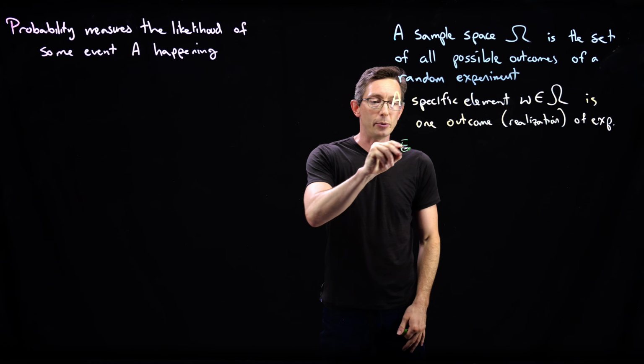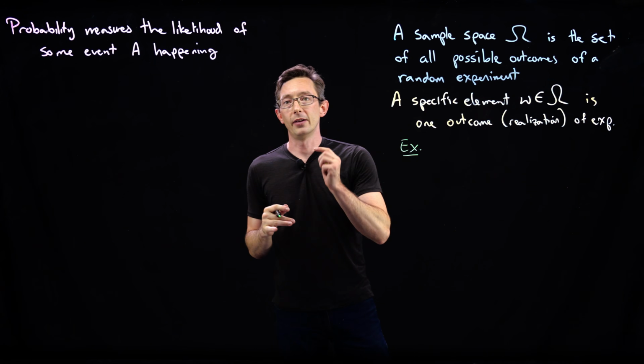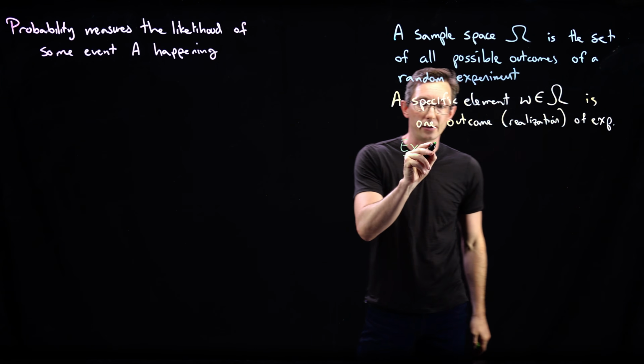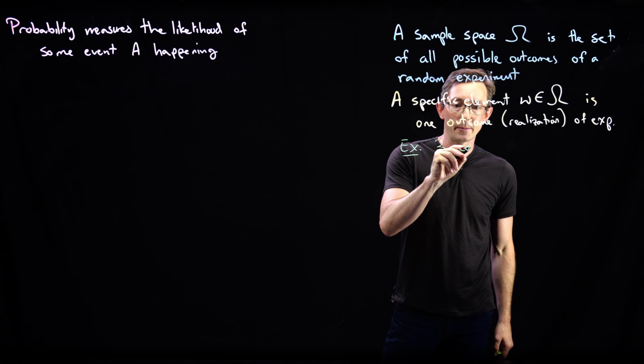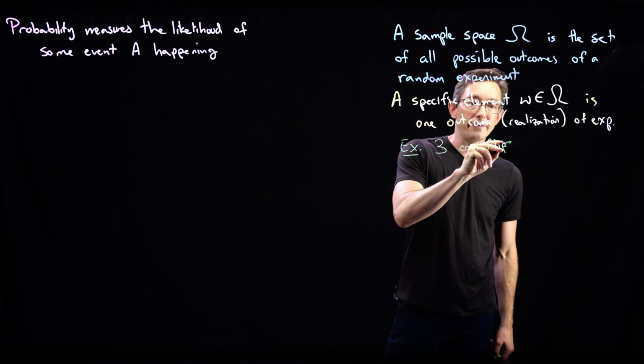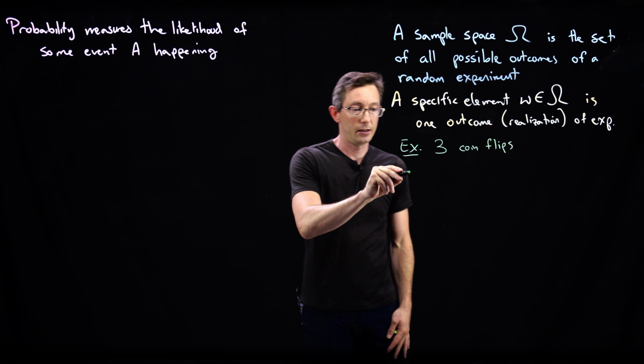Let's say as an example, I have 3 coin flips. And for this, I can actually enumerate the set omega.